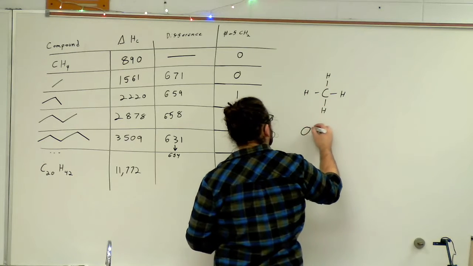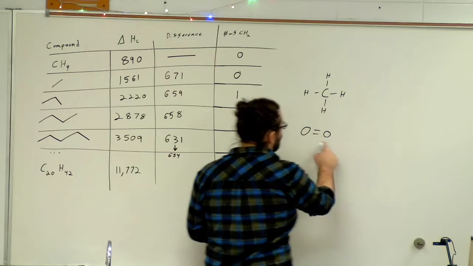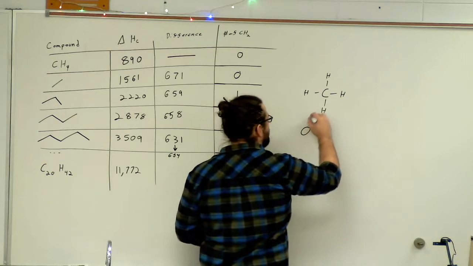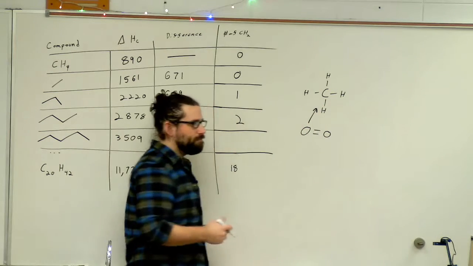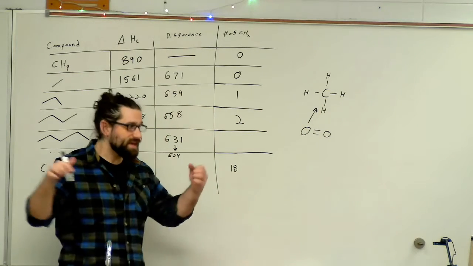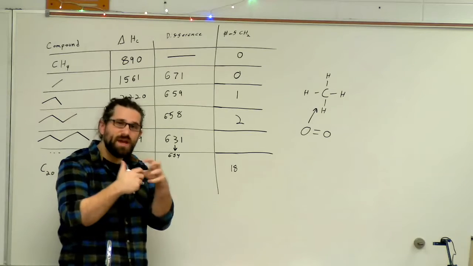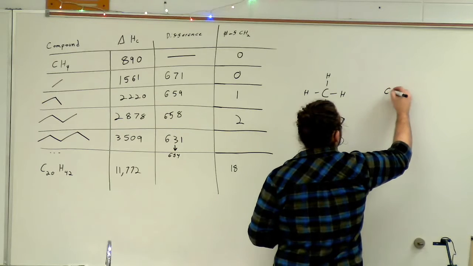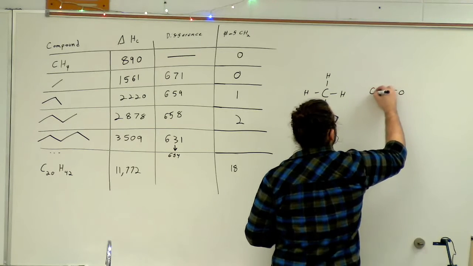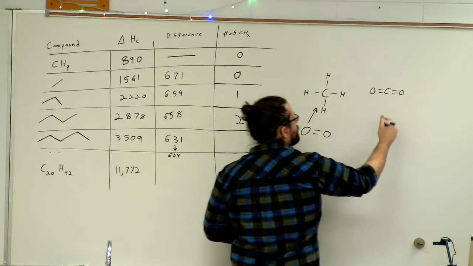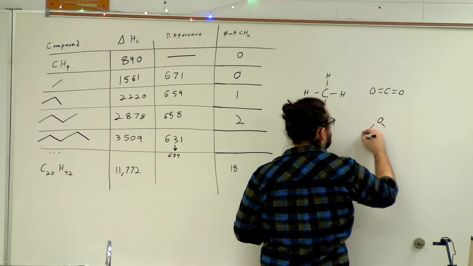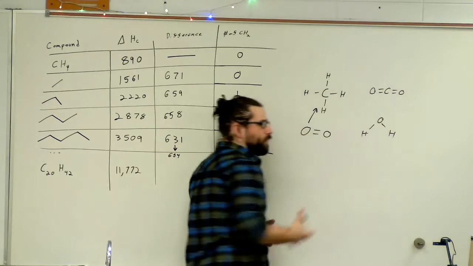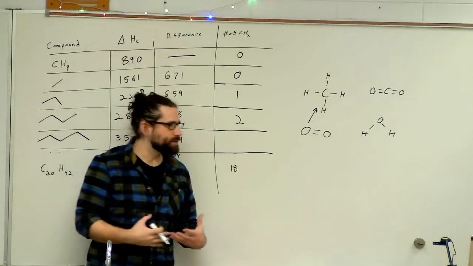And so I've actually got a molecule of O2 flying into this molecule of methane. And when they hit each other with sufficient force, they break those bonds and reform bonds into CO2 and H2O. So they reform those bonds.